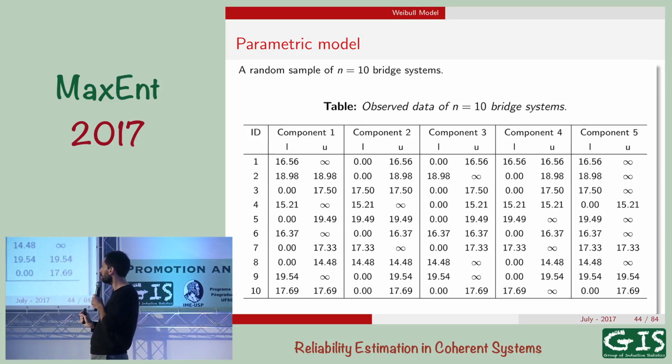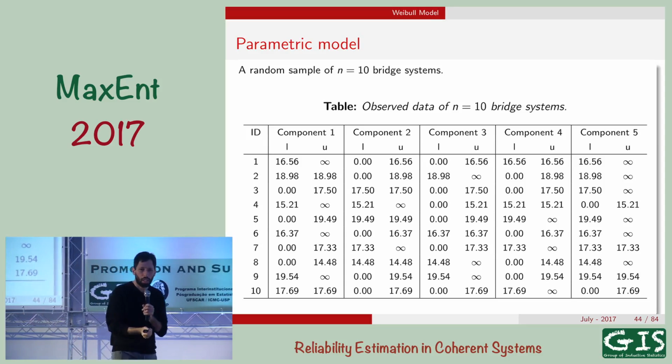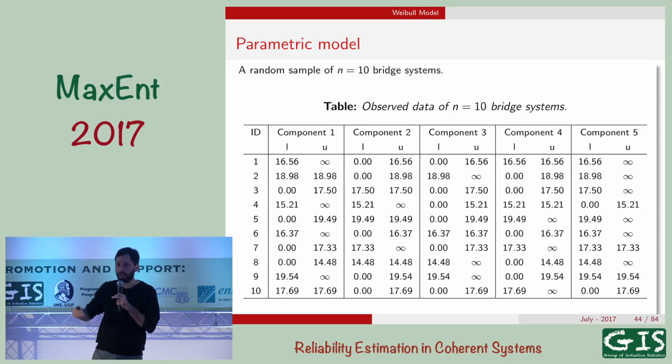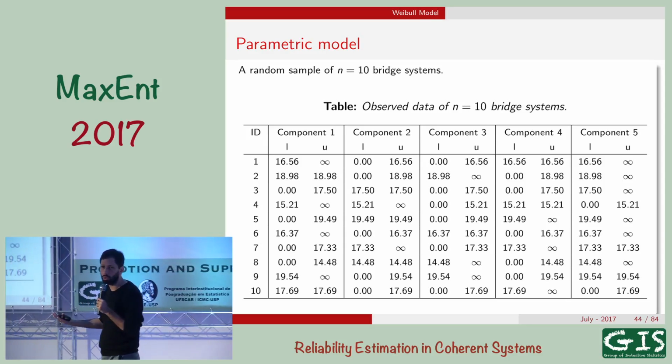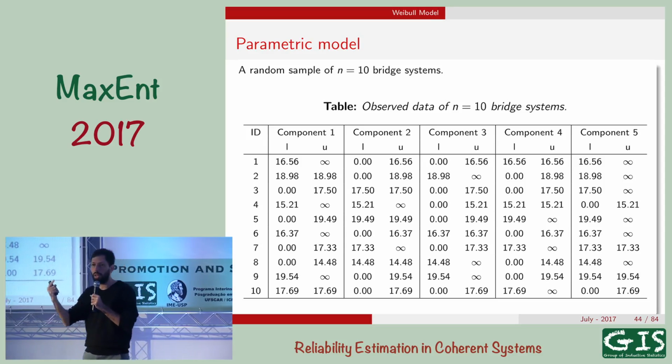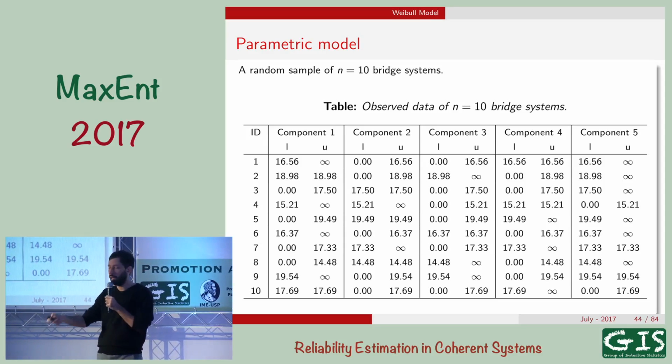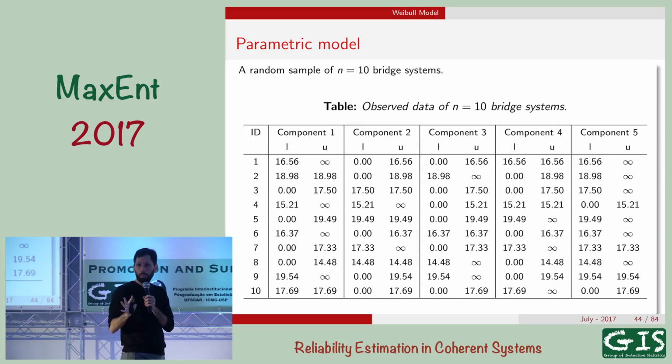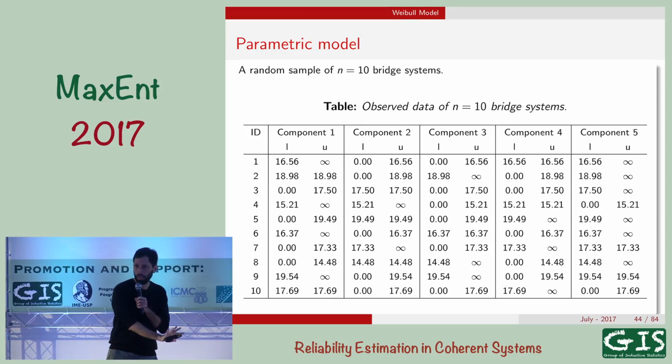Okay, so the main question here is, if I have 1,000 components and I am interested in only one of them, the only thing that I need is data represented like this. I use all the information to build this representation of the data.